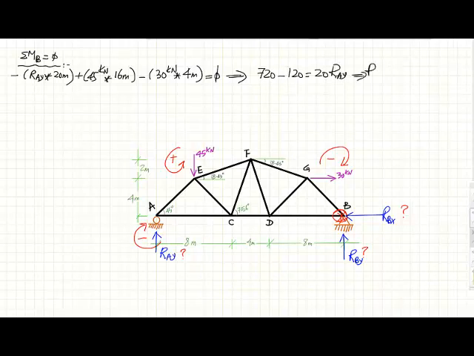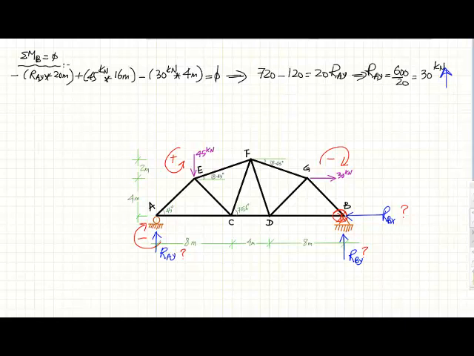RAY is equal to 600 divided by 20, and is equal to 30 kilonewton. And because the answer is positive, it means that the suggested force is upwards, so it is correct. That is the answer for this part.